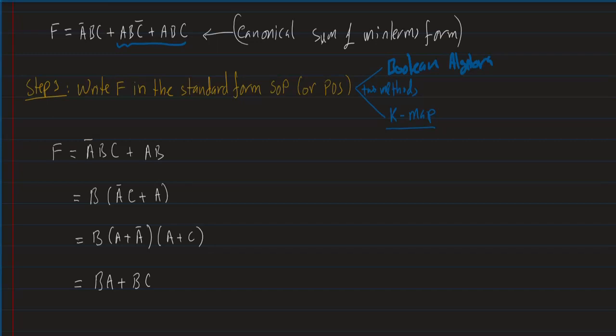And we note in fact that this is BA plus BC. Well, that's actually interesting. Let me write this here. A or A bar is equal to 1, so this is now B, A or C, and this is BA or AB, let it be AB or BC.